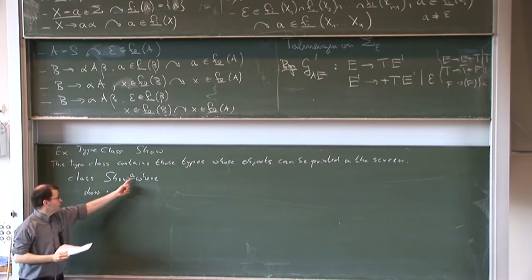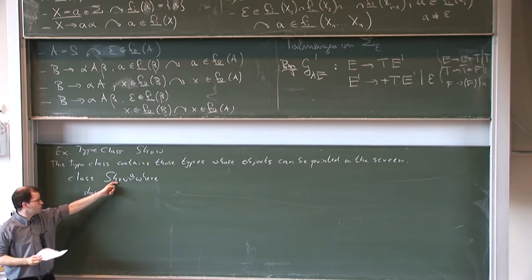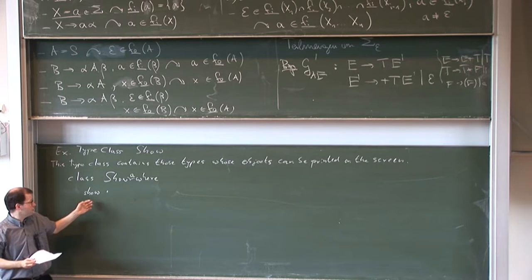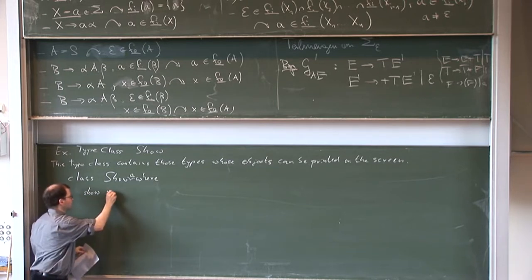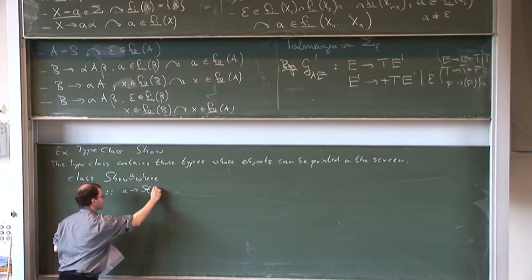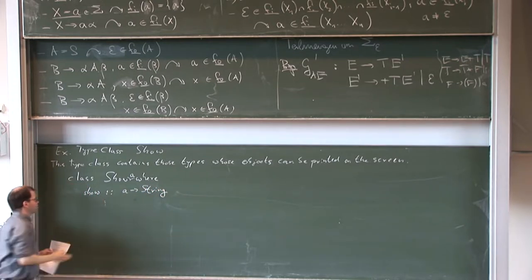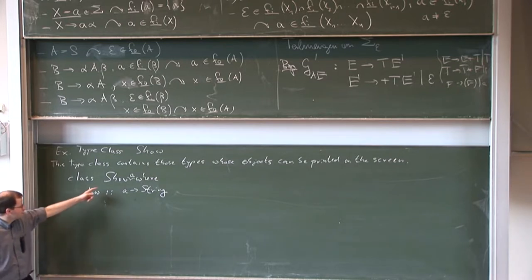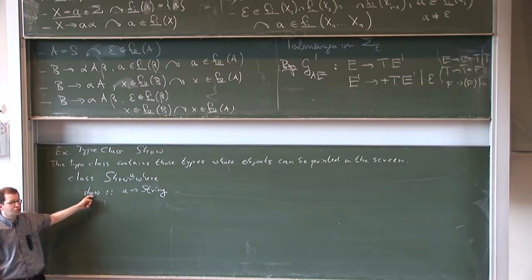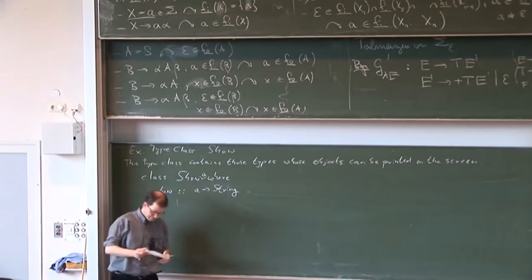This means if a type A is a member of the type class Show, then there is a function called show, which is a function from A to String, and there are some other functions. Whenever A is a member of this type class, such a show function exists which converts objects of this data type into strings.